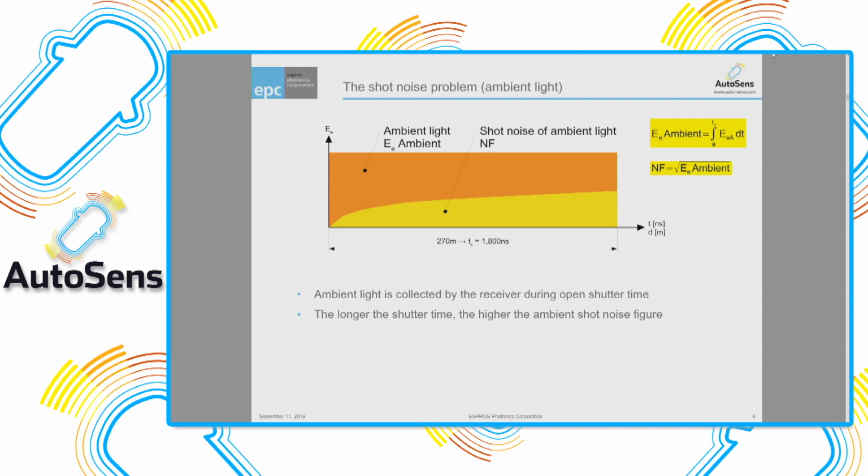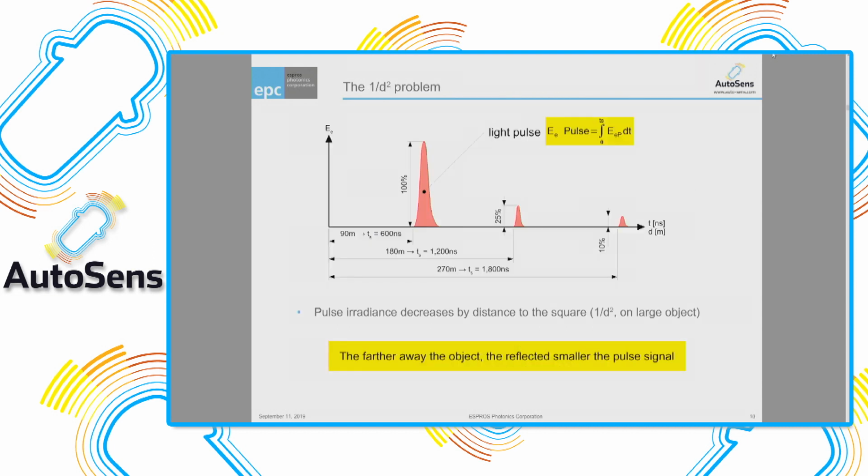And it's obvious that a small pulse, which is smaller than the shot noise, is hard to detect, if it is possible at all, because it competes with the stochastic shot noise.